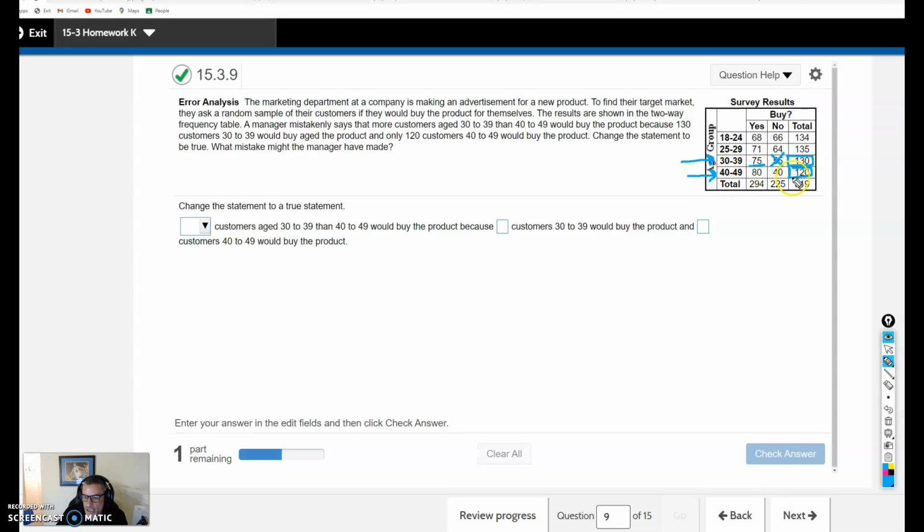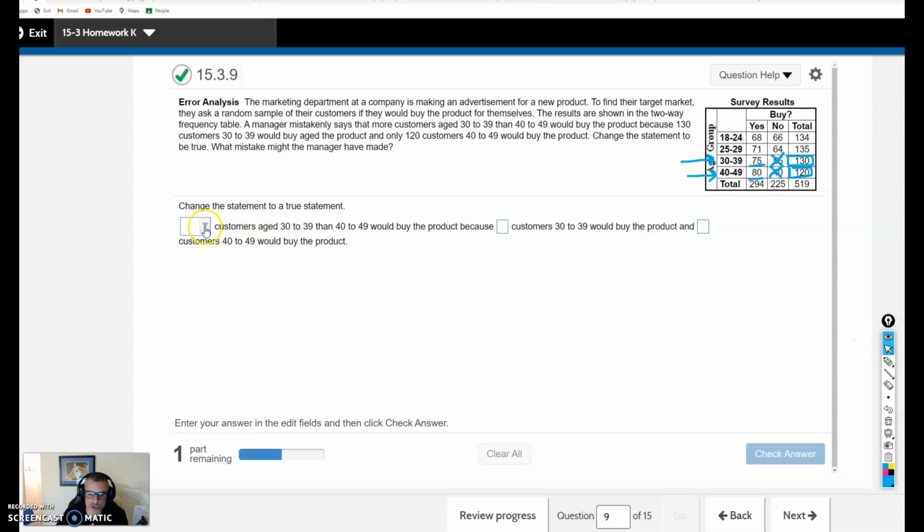and the same thing with 40 to 49. He used this 120 over here to compare, but that includes the people that said no, right? Those people right there. So the numbers we should have compared were 75 to 80. And you can see that reverses the result. There's actually fewer people aged 30 to 39 that said they would buy it than people 40 to 49.